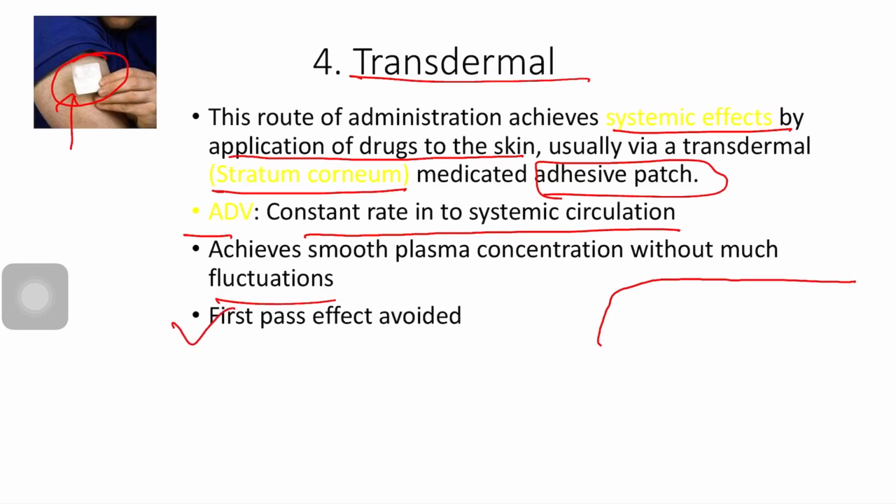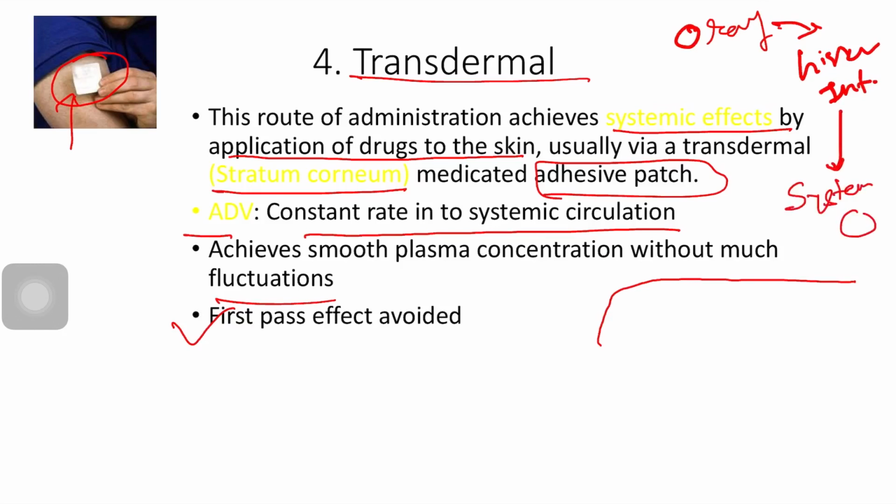As we know, in the earlier routes of drug administration, we discussed what first pass is. When you introduce any drug orally, the drug gets initial metabolism in the liver and the intestine, and eventually the remaining drug reaches the systemic circulation.